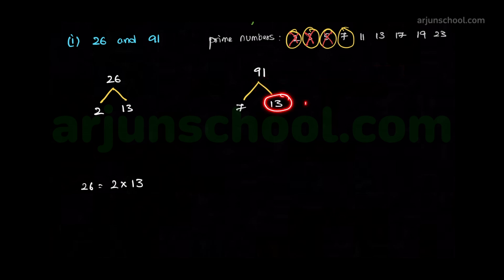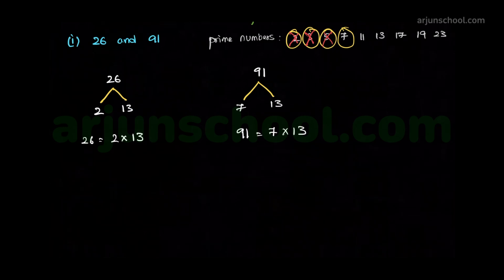And 13 is already a prime number. So 91 is equal to 7 times 13. So now we have 26 and 91 written as the product of their prime factors. 26 is equal to 2 times 13 and 91 is equal to 7 times 13.